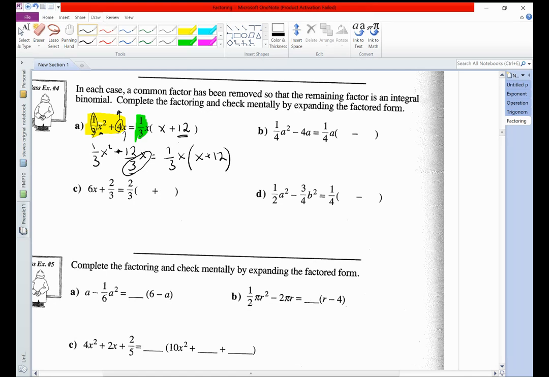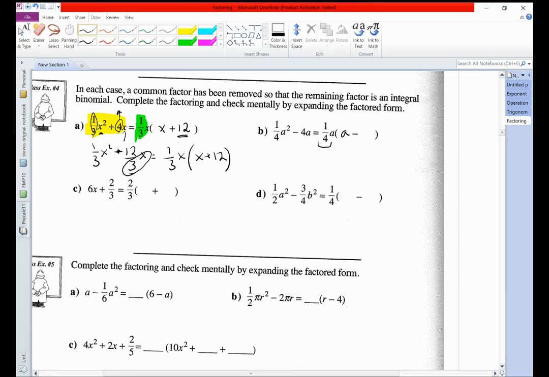Hopefully that makes sense. Maybe we'll do one more example and then we'll do more in class. I think that'll be easier. So we have a quarter a squared minus 4a. So I want to remove 1/4 a from that. So in the first term, I'm just left with a, which is great.